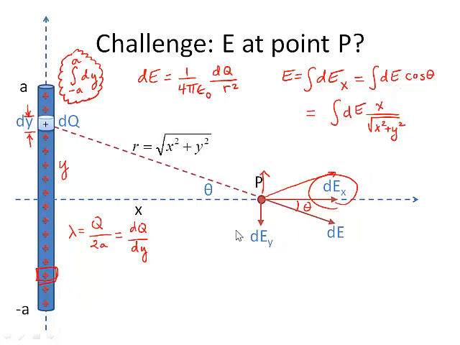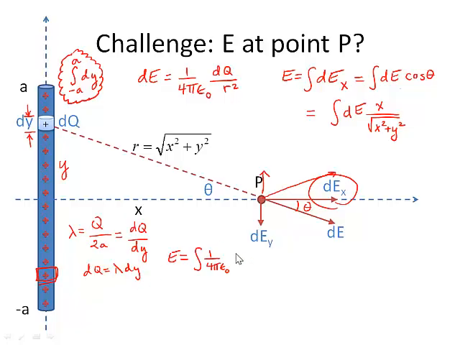Okay, so now we can plug in for dE. So I'll start down here. The electric field will be equal to the integral of 1 over 4 pi epsilon naught dq. Well, dq, if we rearrange this lambda statement, we get dq is equal to lambda dy.